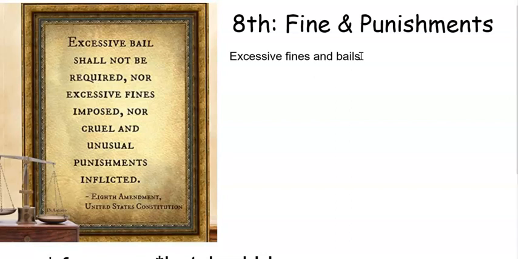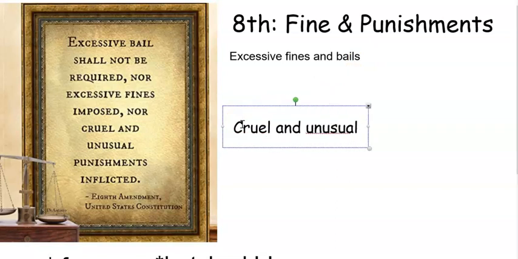Now, the second part of the 8th Amendment is cruel and unusual punishment. That has been debated for, well, as long as we've been a country, as to what constitutes cruel and unusual punishment.